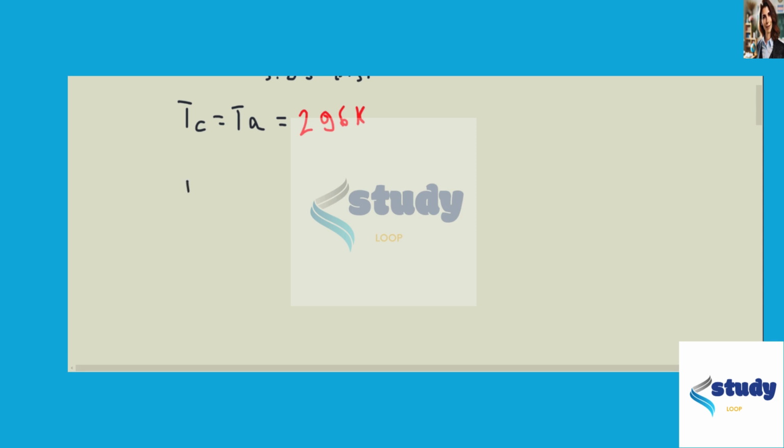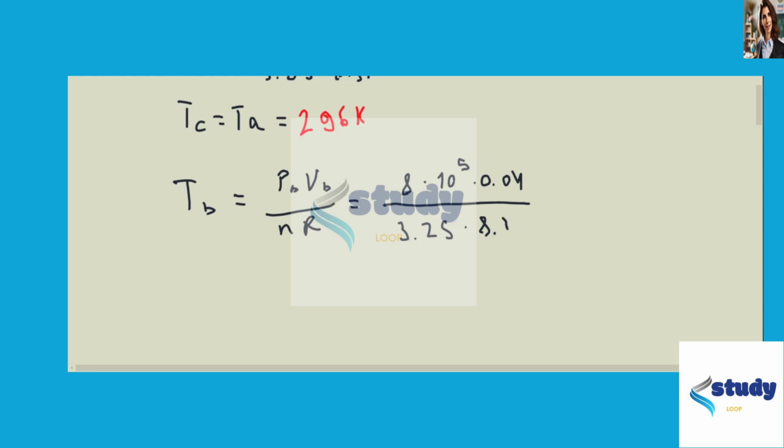And this means that we need to evaluate the temperature at point B using the derived formula, TB equals PB VB over nR, and this is equal to, again substituting the numeric values, 8 times 10 to the 5th power times 0.04 meters cubed, over 3.25 moles times 8.314 joules per mole Kelvin, and the final units are in Kelvin, so the final value is 1184 kelvins.